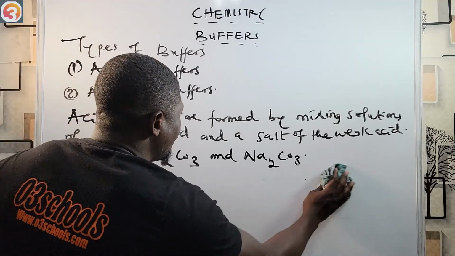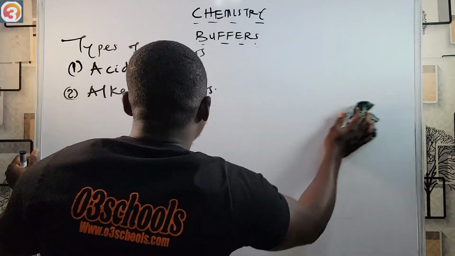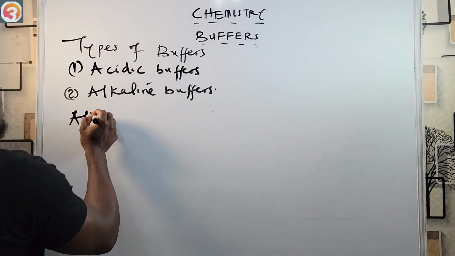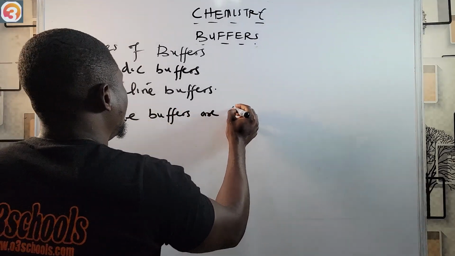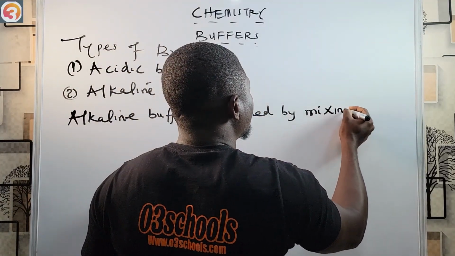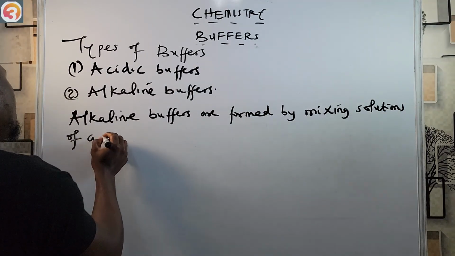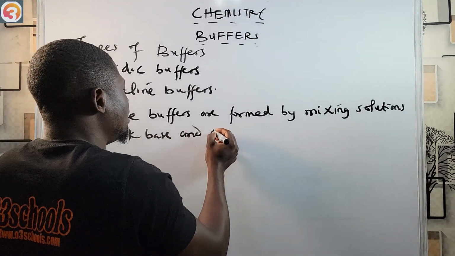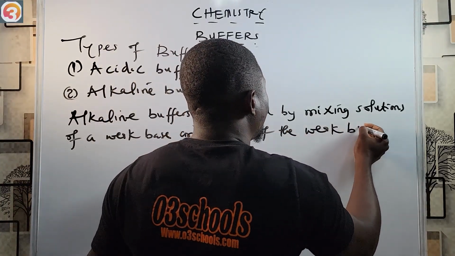Now, how are alkaline buffers formed on the other hand? Alkaline buffers are formed by mixing solutions of a weak base and a salt of the weak base.